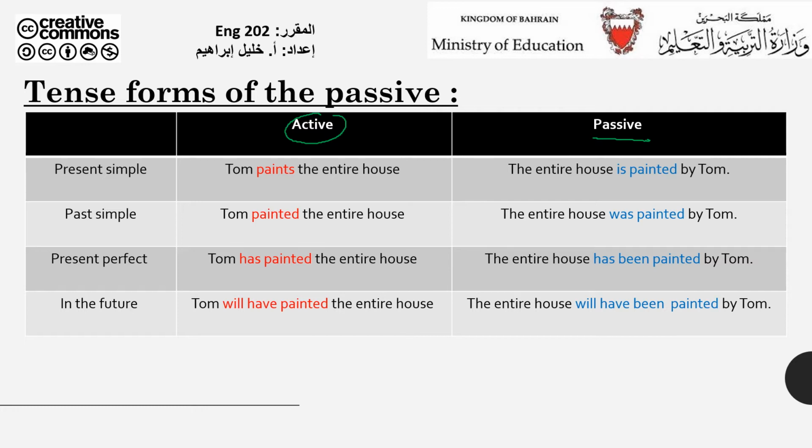But in our lesson today, we're going to concentrate only on changing these two tenses, the present simple and the past simple, from active into passive. Before we start our practice, we need to know when we use passive.